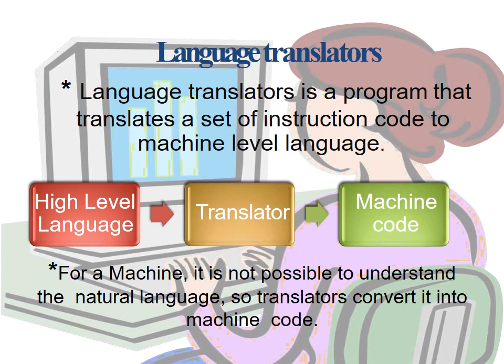Language translator is a program that translates a program or set of instruction code to machine language. For example, a program written in a high-level language is converted to machine code by the translator.